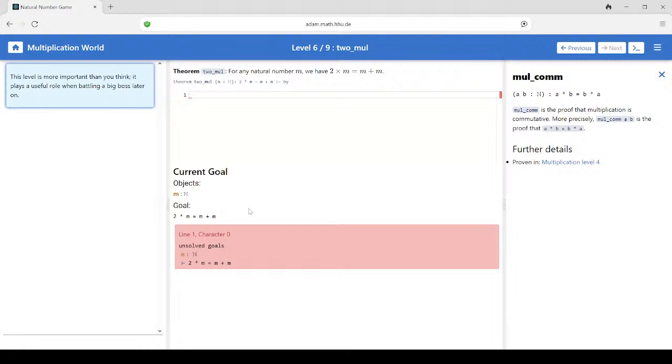Oh, okay. To multiply for any natural number, anything times 2 equals that thing plus itself, I guess. So how am I going to do this? Do I need to use induction?